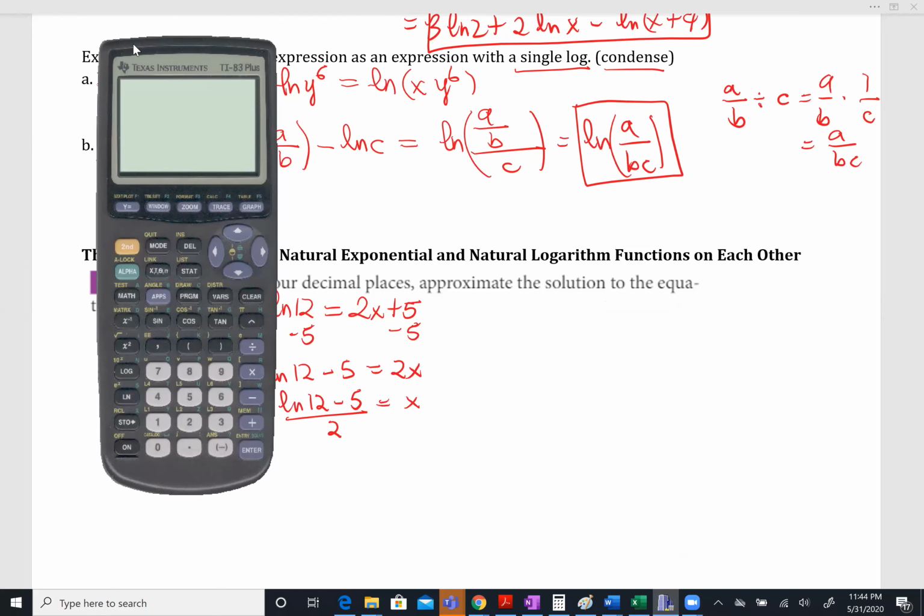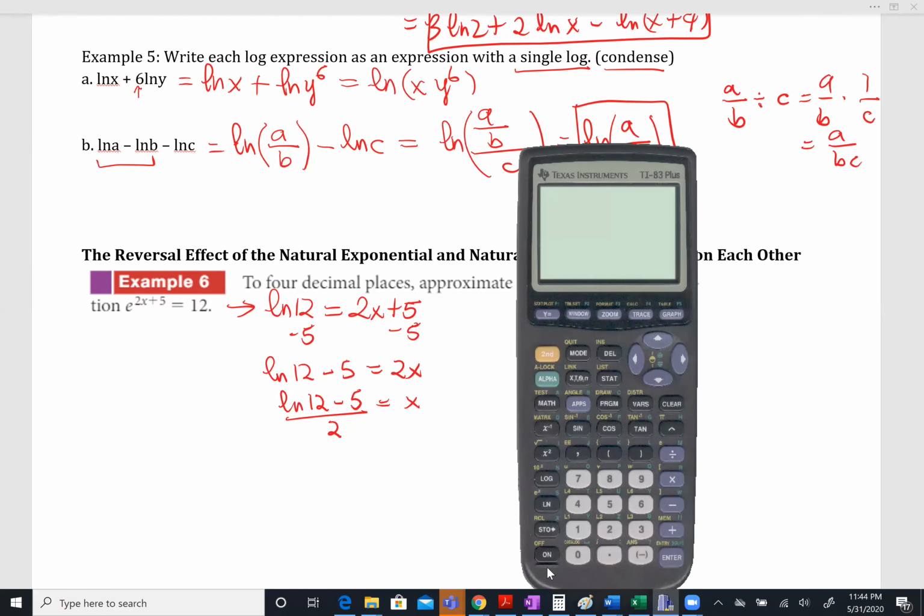I'm using a TI-83 here. You can use LN by using the button here, okay? LN of 12, and then a minus 5.